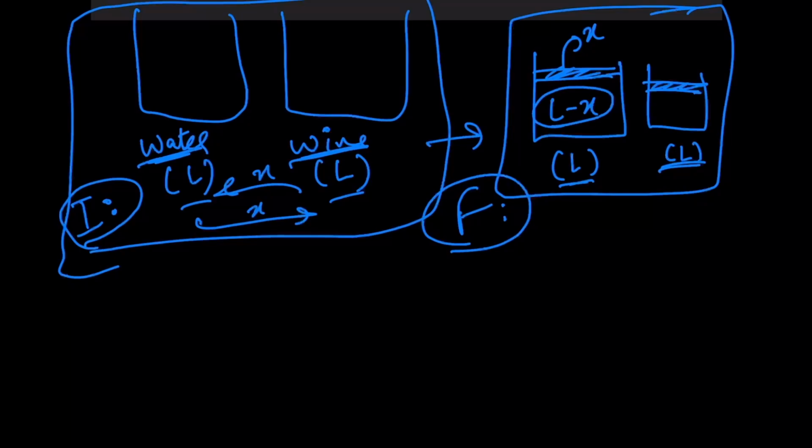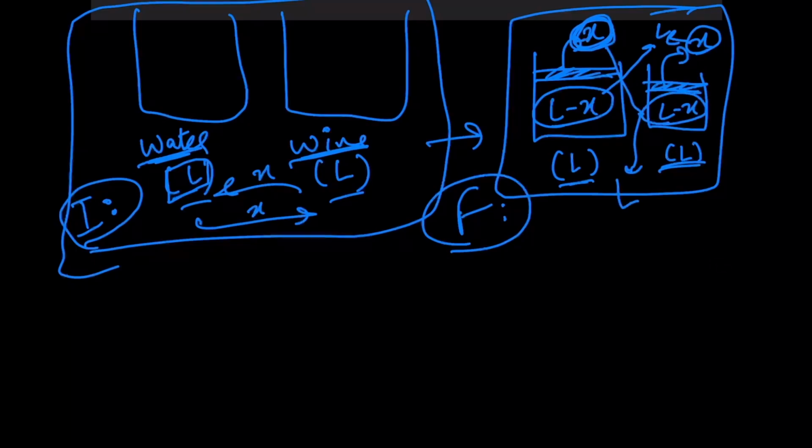If there's L minus X water in the water container and there was initially L amount of water, this means that this has to be X, so that X plus L minus X add up to L. And likewise, since there's X amount of wine over here, there has to be L minus X amount of wine over here, so that these two add up to L. As you can see, there's X amount of wine in the water, and there's X amount of water in the wine. So these two are the exact same.